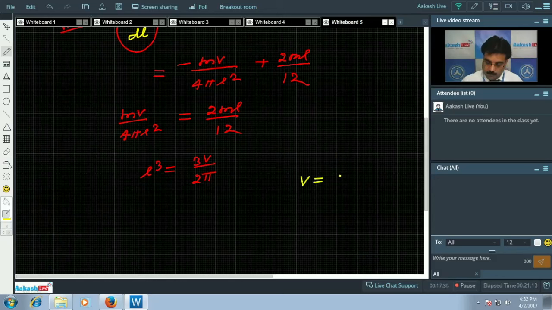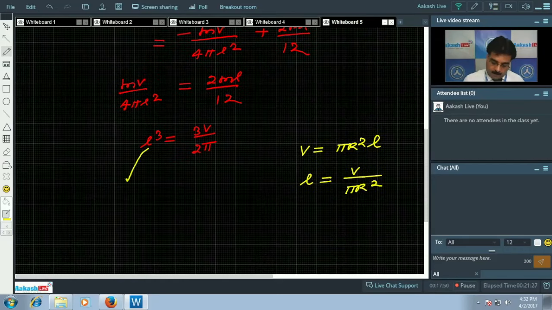Once again, we can use the formula of volume of the cylinder. V is equal to pi r square L. So if I want to calculate the value of L, L is equal to V upon pi r square, right? Can I write L square into L is equal to 3 times of V upon 2 pi?